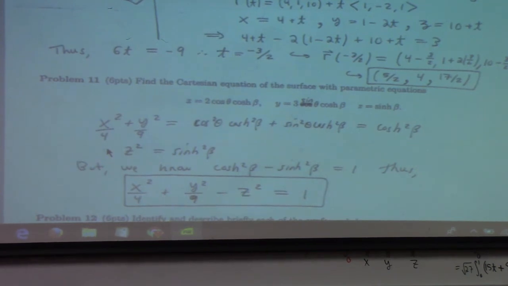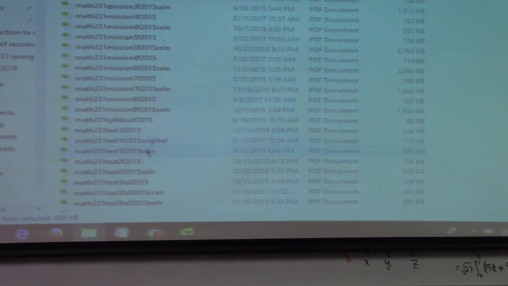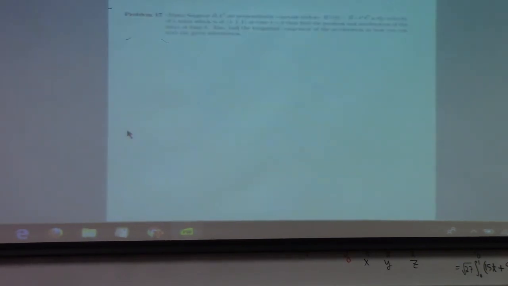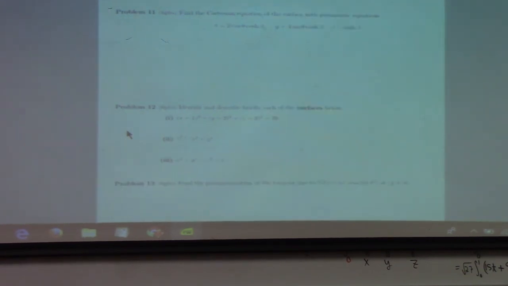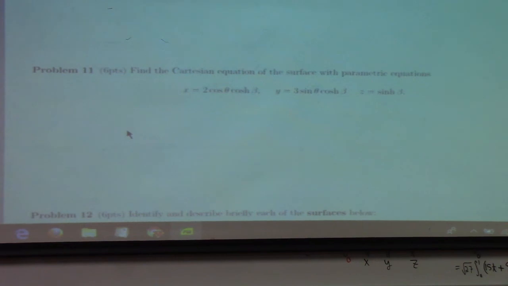Oh, I had sine cosh. I think I fixed it. I usually try to fix these things afterwards. Let me, just a second here, I'll tell you. I know which one I gave to. I was careful to give him not the original, quote unquote, but the fixed one. Yeah, so here's the one you guys did.